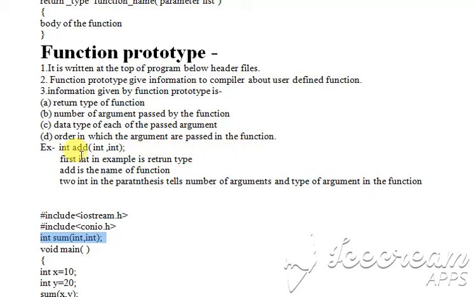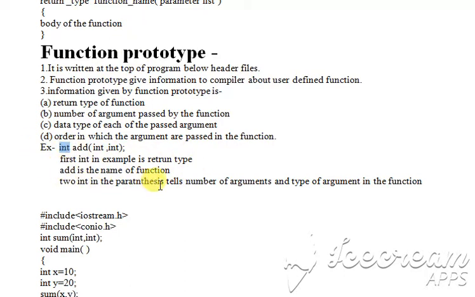Again, we are taking an example to understand this prototype. See, this is a prototype. So what is everything telling the compiler here? The first int in the example is the return type. So the function prototype is telling the return type of the function.